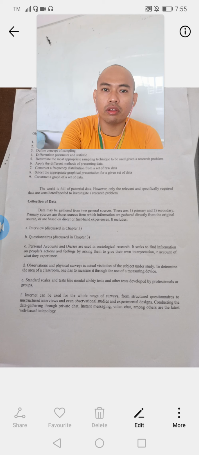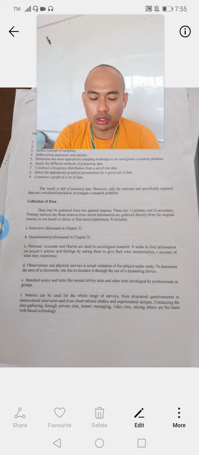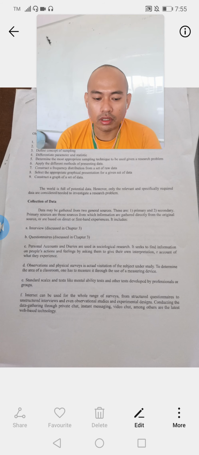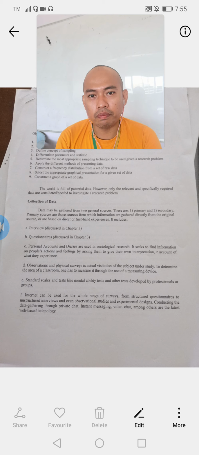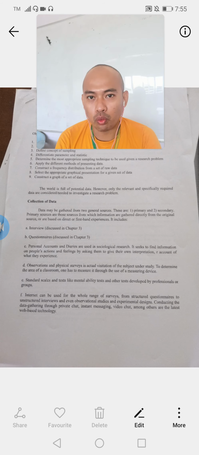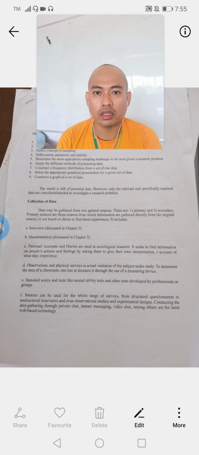Another one is we can also utilize the observation method. So when we say observation method, this is actually a physical survey. You are trying to observe a particular situation, say for example inside the room. You are trying to study the behavior of your students inside the classroom.